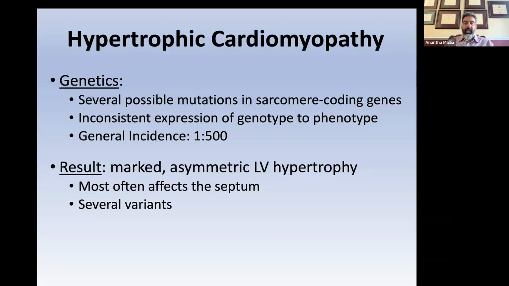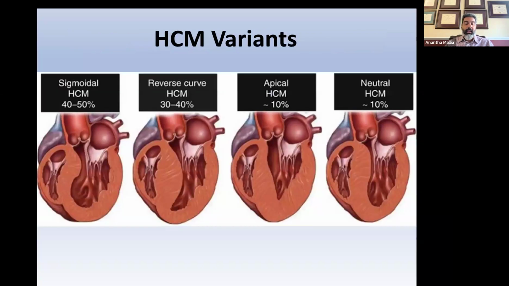The phenotype of hypertrophic cardiomyopathy basically results in marked asymmetric hypertrophy of the LV. And as you know, there are several variants of HCM, but the majority of the variants result in asymmetric hypertrophy that involves the septum. Here is a graphical representation of the four fairly well understood variants of HCM.